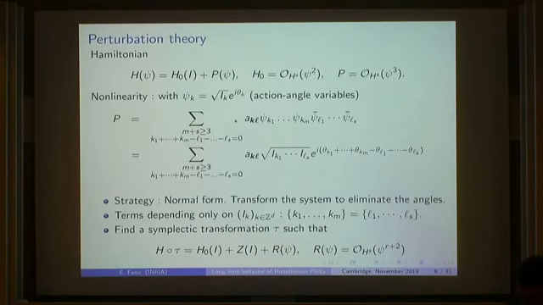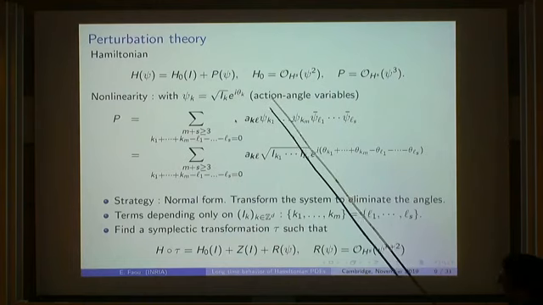The general goal is a nonlinear diagonalization. If you want to know the behavior of a linear system, y dot equals A y or i A y, if you want to know the behavior of this system, you diagonalize it. Okay, so you remove the off diagonal term, and then you can write down explicitly the solution.